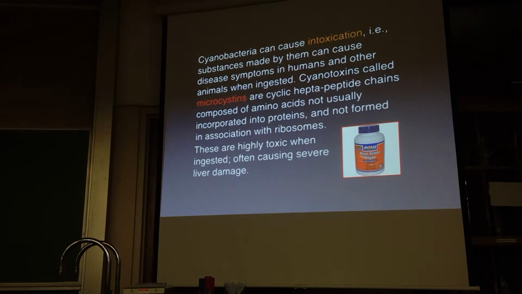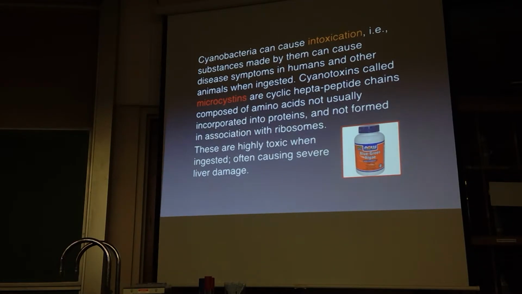There are some cyanobacteria that can cause intoxication. Now, typically when you see that term, people think alcoholic intoxication, because if you drink too much alcohol, you can experience intoxication. But intoxication just means you have consumed substances that are toxic. And cyanobacteria produce some substances called microcystins. These are peptides, so they're little short peptide chains.